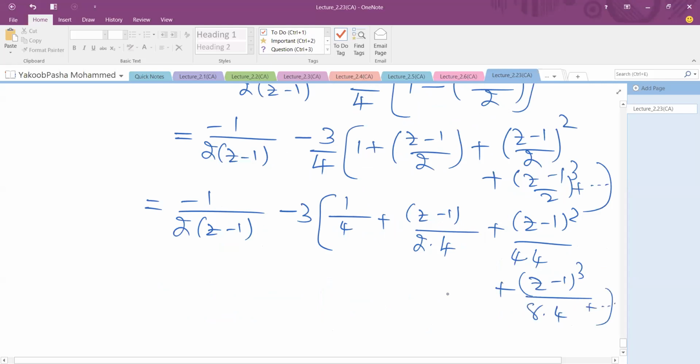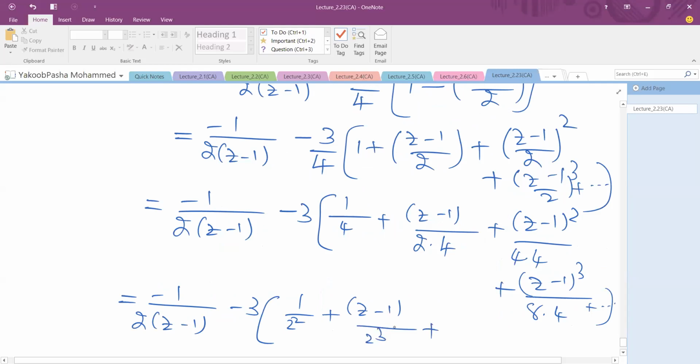This is the term. So here there is no change in the first term. 1 by z minus 1 minus 3 into, we can write here 1 by 2 square plus z minus 1 by 2 cube plus z minus 1 whole square by 2 power 4. Next z minus 1 whole cube by 2 power 5 plus and so on.